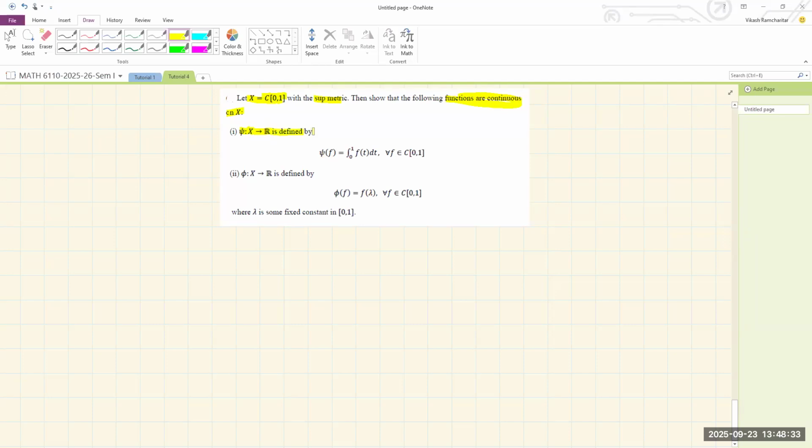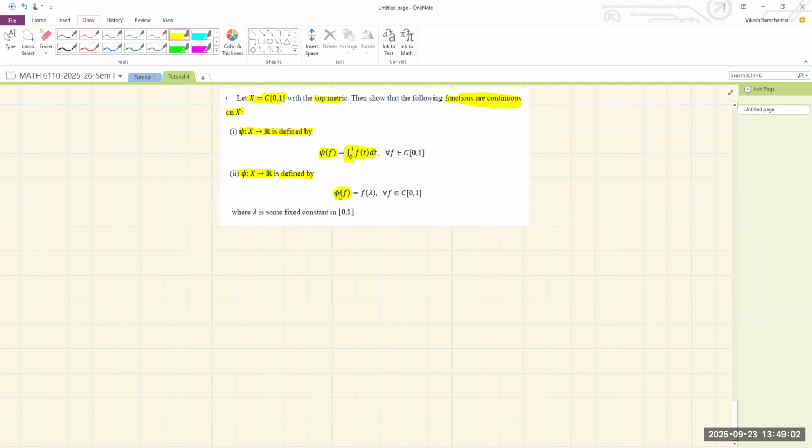Essentially, how is psi taking a function and giving you a number? It's just integrating whatever function you give it between 0 and 1, and of course that gives you a number. And phi, again a function from X to R, just like psi, is eating a continuous function. But how is it giving you a number?